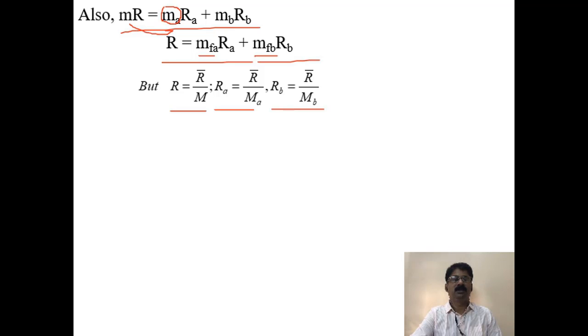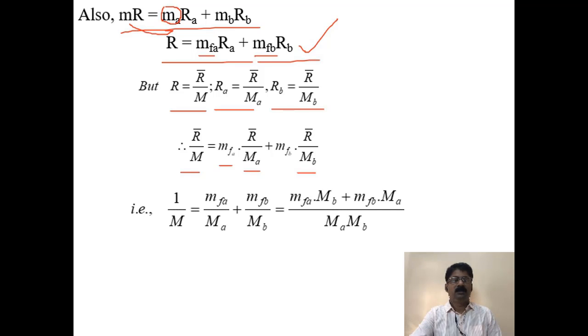Now if you substitute this R, Ra and Rb in this expression, you will get R bar by M is equal to MFA into R bar by Ma plus MFB into R bar by Mb. So R bar gets cancelled from all the three terms on either side. So 1 by M is equal to MFA by Ma plus MFB by Mb.